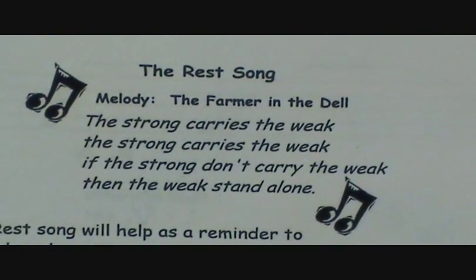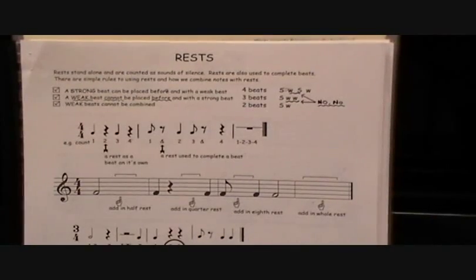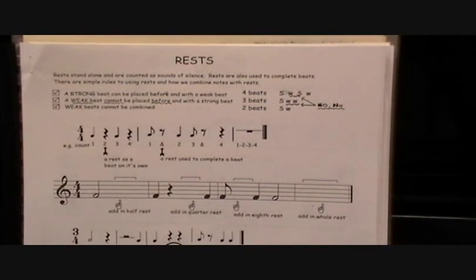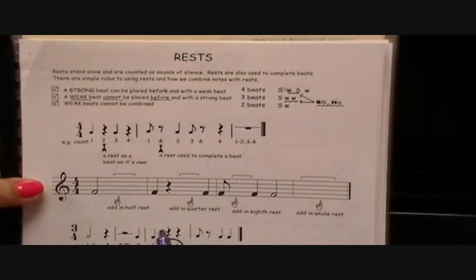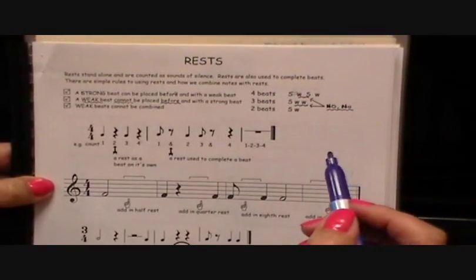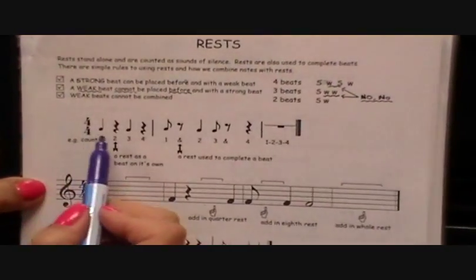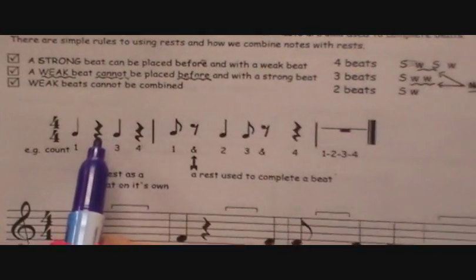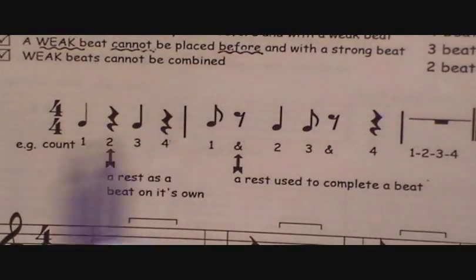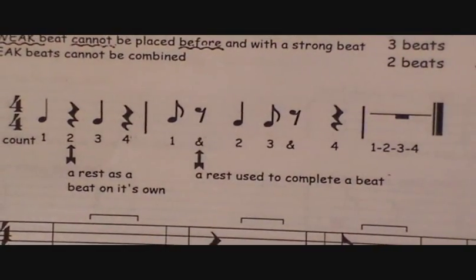Why is this important? So, just a little bit of the rules. Remember we just said the strong carry the weak. All right, so these are the rest rules. So here in 4 we'll have 1, 2, 3, 4. Here we're completing a beat. All right, here we have a whole rest.